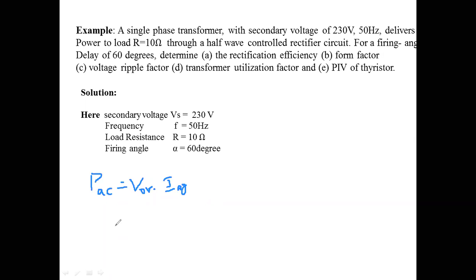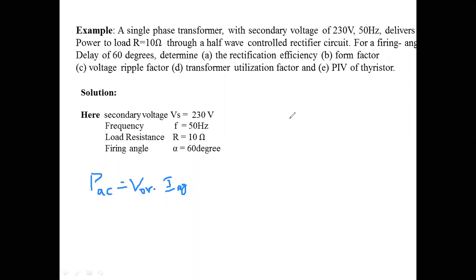Therefore, we get the total output AC power and output DC power, and we have to calculate the rectification efficiency, which is output DC power by output AC power. Therefore, we are getting 28.33%.